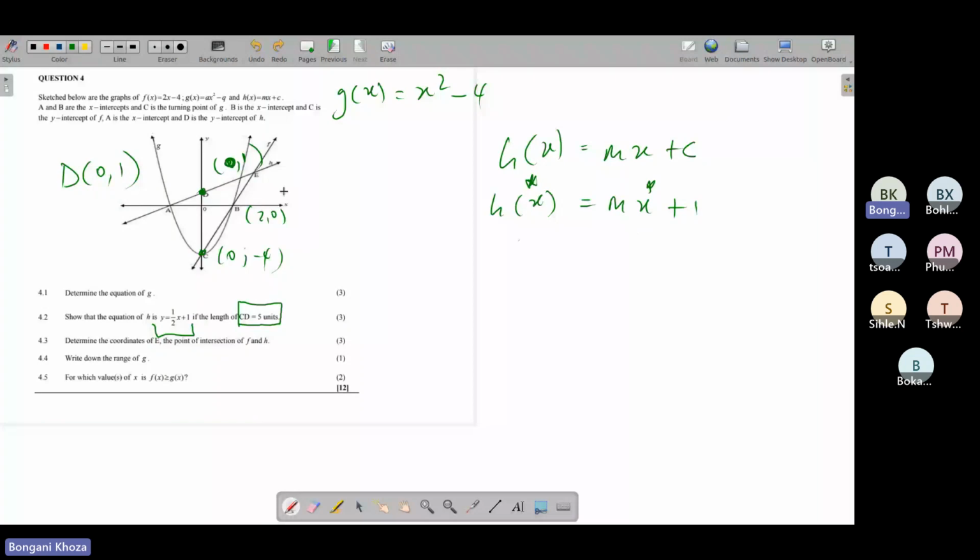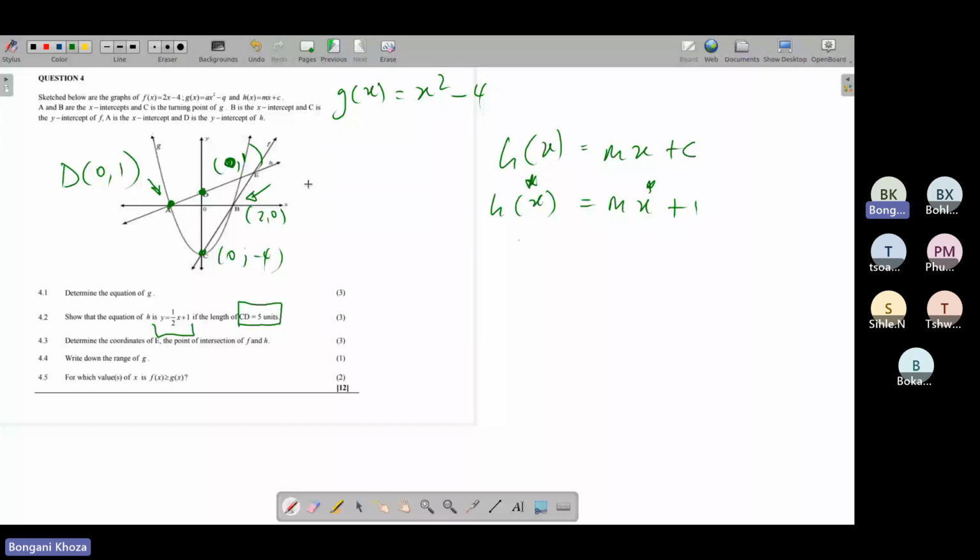Remember this point is shared by g as well as h. So if we can find the x-intercepts of this line, remember x-intercepts are where we pass through the x-axis, it will give us this point as well as that point. But we already know this point, so the other one will be the one we're looking for. This will give us two values, and we are only looking for the other value.